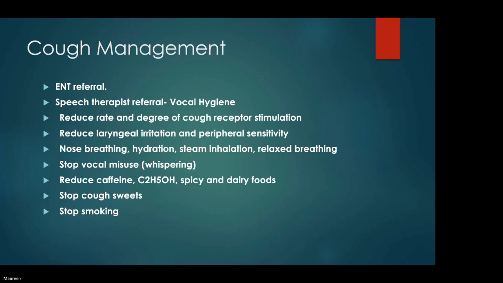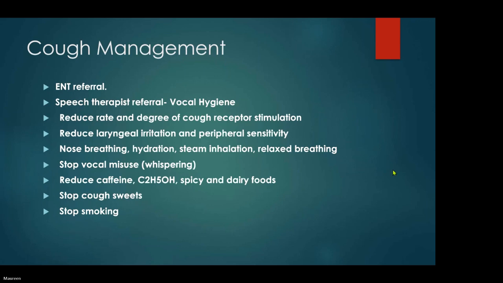Alcohol intake, spicy foods, dairy foods can be mucus producing. Spicy foods and dairy foods can increase gastroesophageal reflux. Cough sweets, things that would induce cough, stop taking them, but try more conservative things like honey and lemon, and certainly stop smoking, because that will stimulate cough.